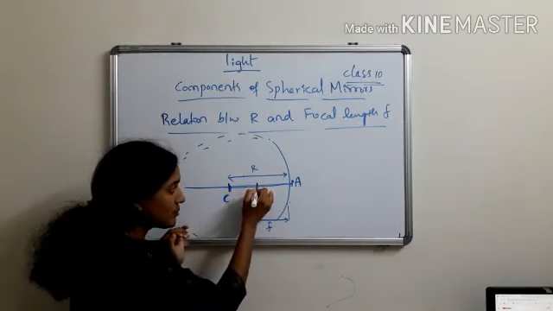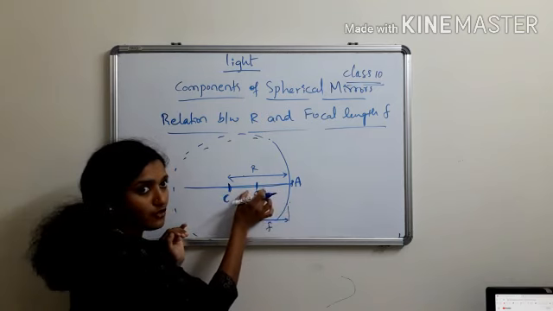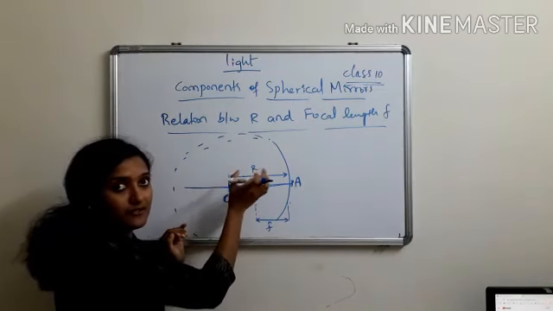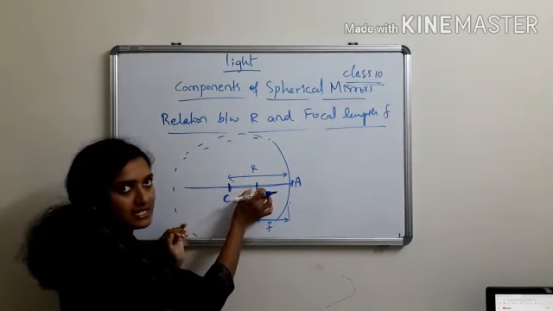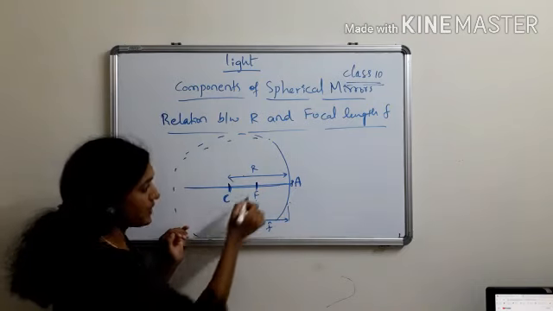The center portion from C to P is called F, the focus, where the reflected light will be focused. So this is called the focus, F.